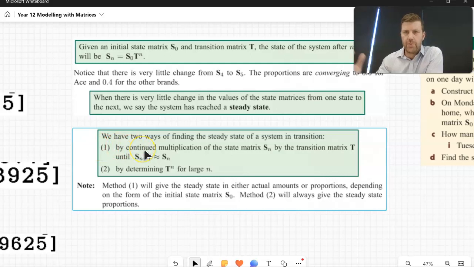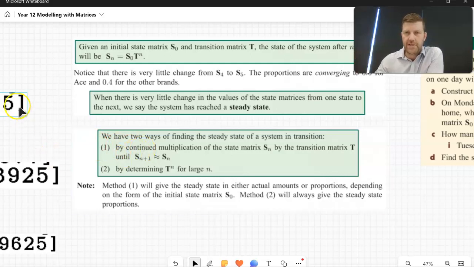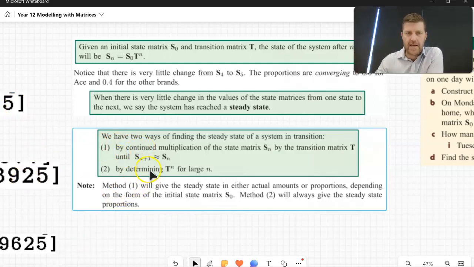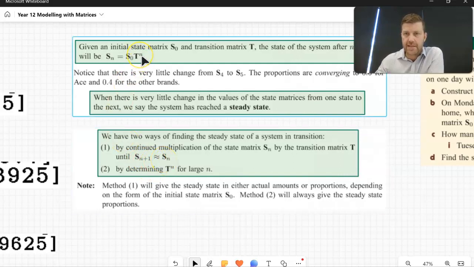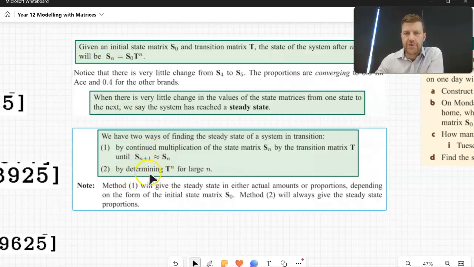First, we can continue doing what we were doing from week to week, by increasing that value of n, the index number, continuing to increase it and multiplying it by the initial state matrix. Or we could just look at the transition matrix to a power of a large number, okay? So just putting in a larger number for the index of the transition matrix and seeing where that takes us, all right?